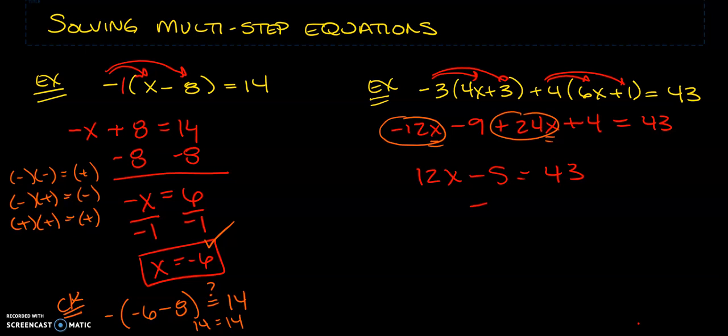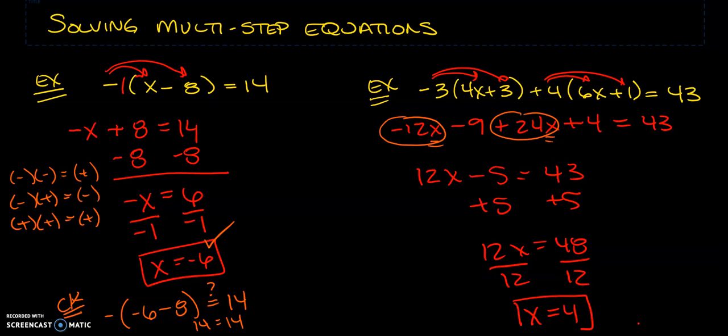From here I just want to add 5 to both sides and get 12x equals 48. I'm going to divide both sides by 12 and get x equals 4. Now you can take 4 and plug it back into your original equation, both there and here, and you can see that in fact it will equal 43.